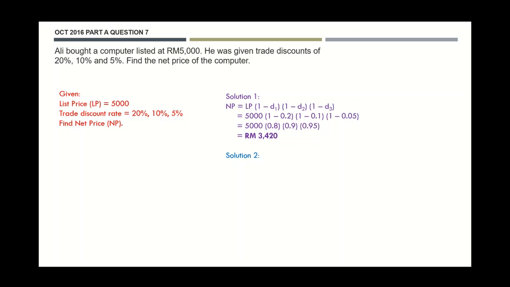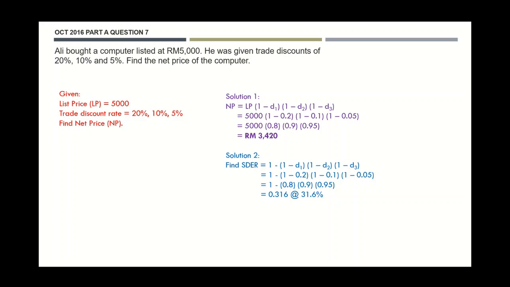Or you can use the second solution by indirectly first calculating the single discount equivalent rate for the chain discount of 20%, 10%, and 5% using the SDR formula. Substituting again D1, D2, and D3 with 20%, 10%, and 5%, you get the SDER to be equal to 0.316, or equivalently 31.6%.